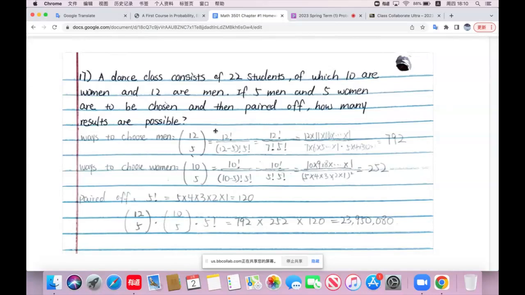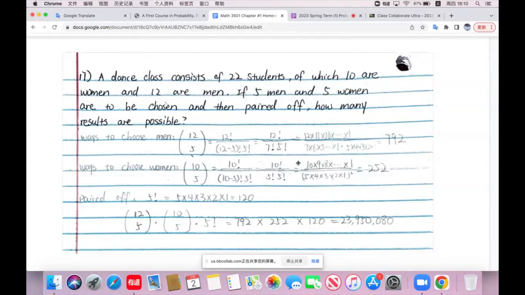First, I calculate the ways to choose men: from 12 men, we need to choose 5 men. So it's 12 choose 5, equal to 12 factorial divided by 12 minus 5, which is 7 factorial, times 5 factorial.